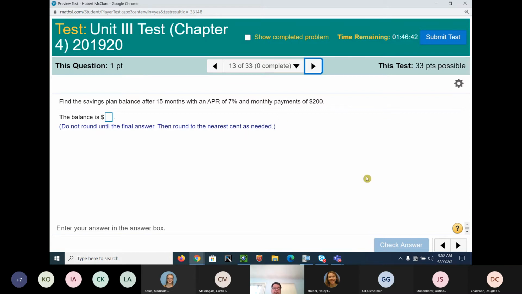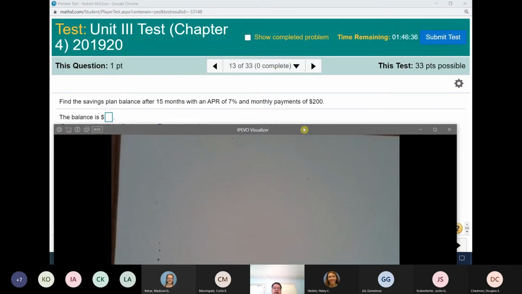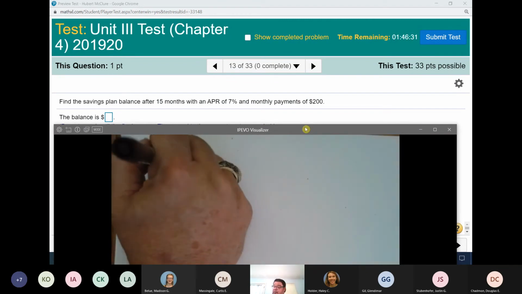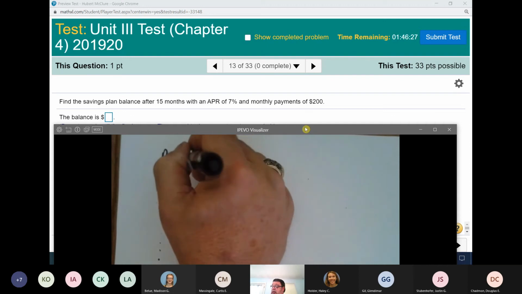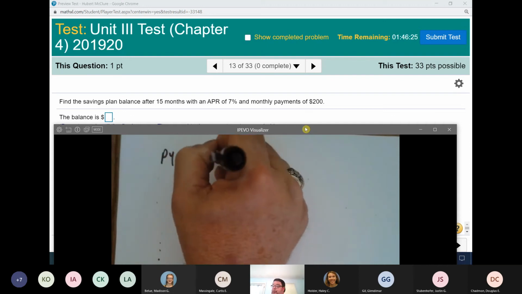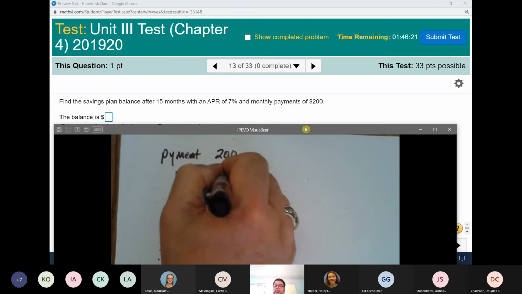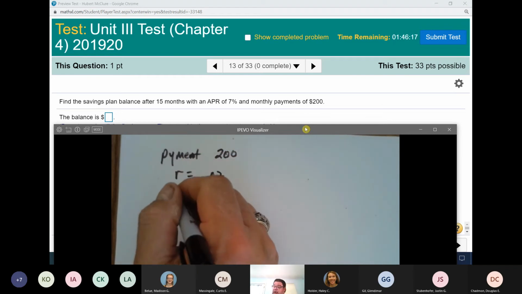So in this problem, and I'm trying to go as fast as I can and slow as I can at the same time, your payment is known, and that's going to be 200. And R is equal to 0.07. And okay, 15 months.